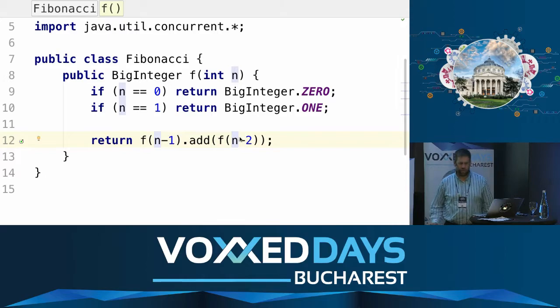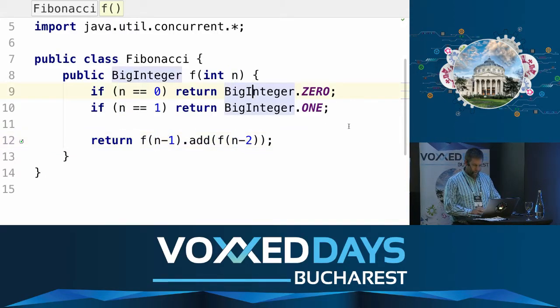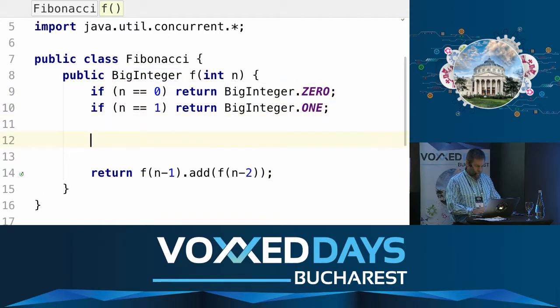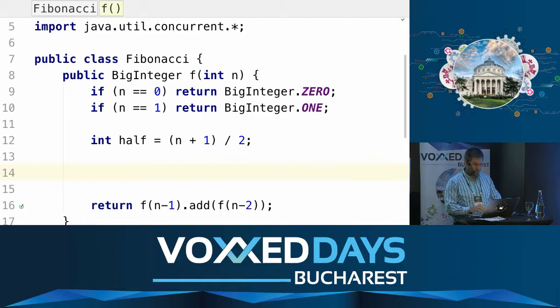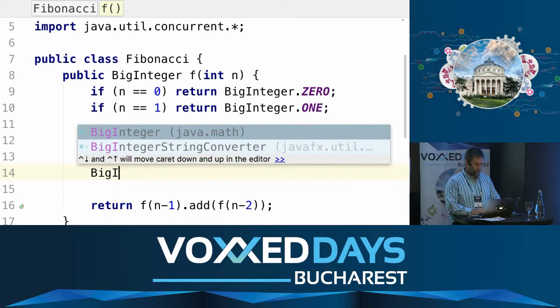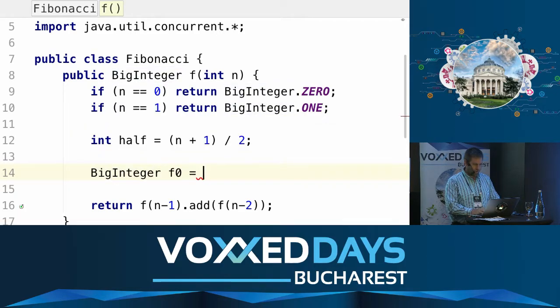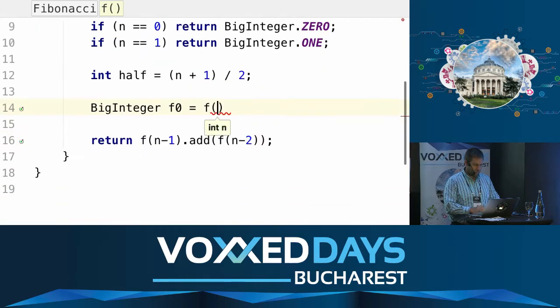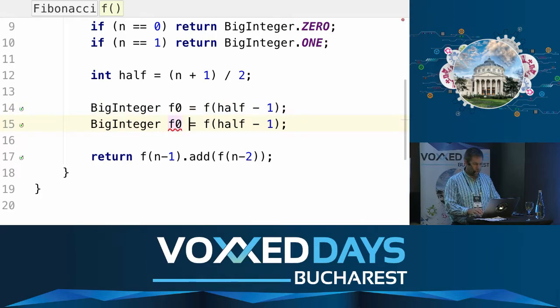So this is first of all Fibonacci, and hopefully everybody can see that. And we're going to say int half equals (n + 1) / 2. And this is going to be used for both of the calculations. Then we're going to say BigInteger f0 equals f of half minus 1, and f1 will just be f of half.